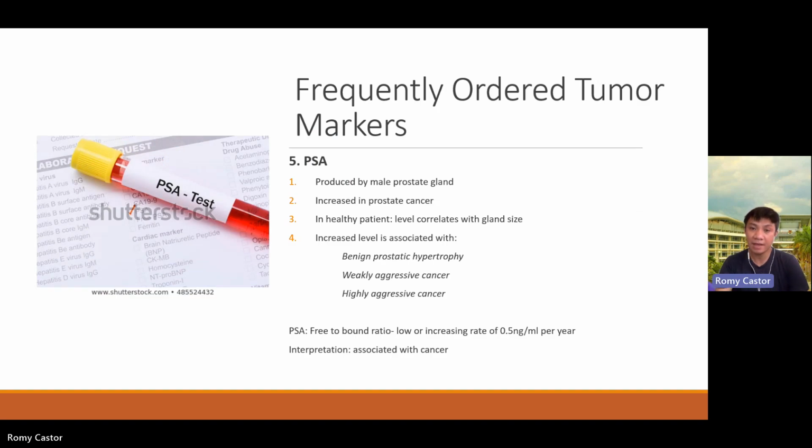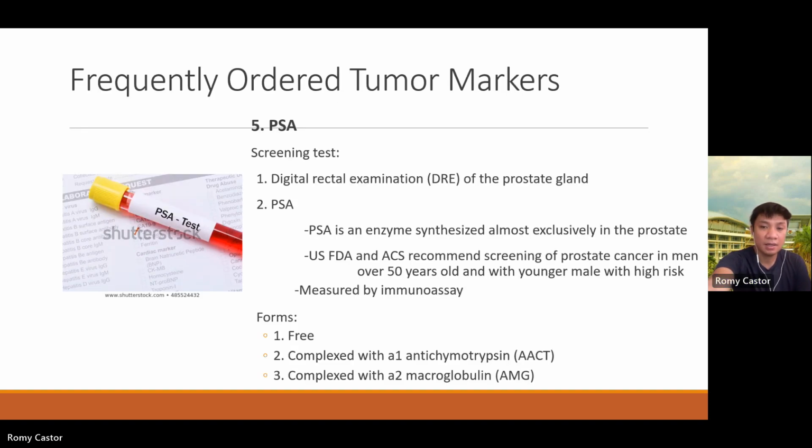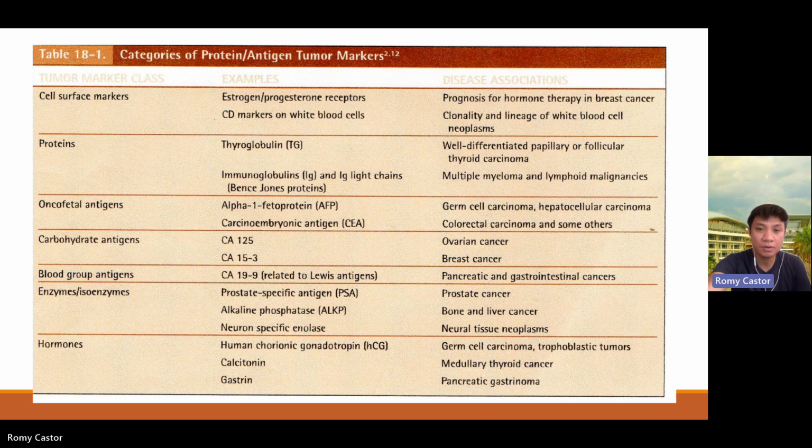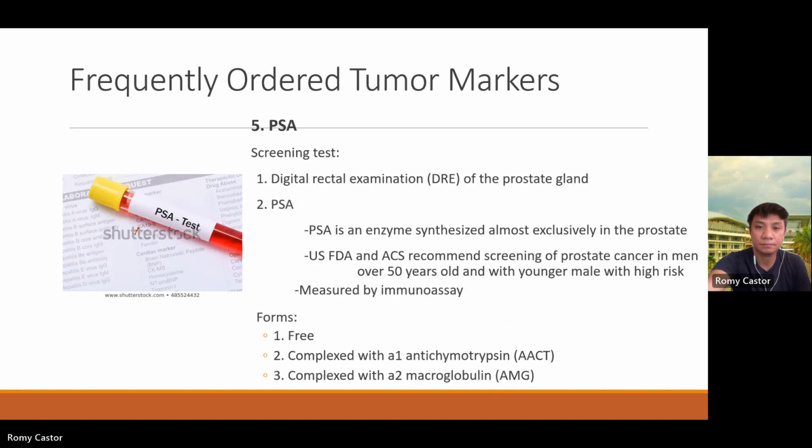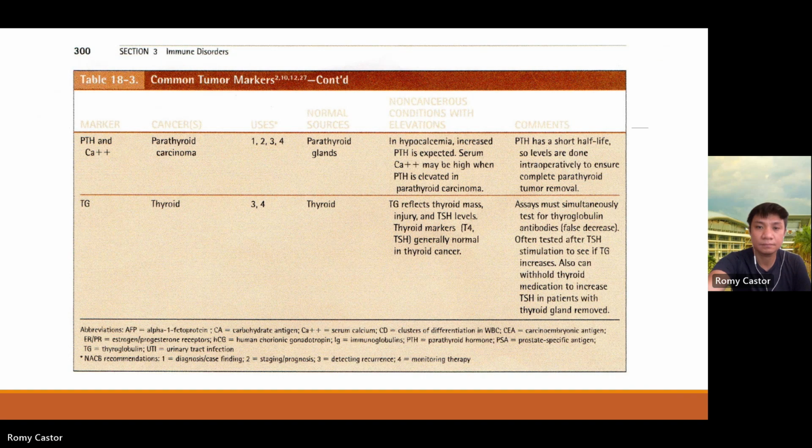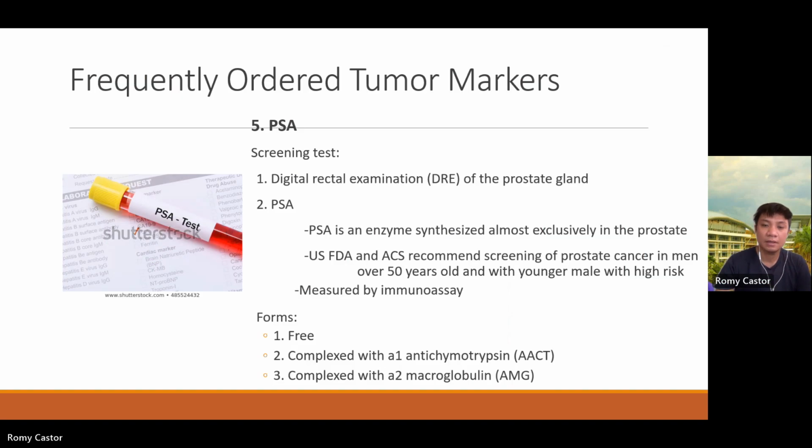Okay, prostate-specific antigen. So this one is being produced by the prostate. This is the type of protein that is being produced by the prostate. Usually, if there's an inflammation or damage in the prostate of our patient, or if there's an infection, usually the PSA increases, such as in prostate infection, prostate inflammation.